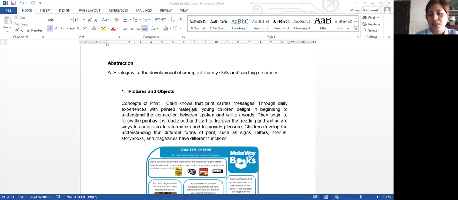We cannot just say that emergent learners are only the learners in the elementary. Just like how we define it, these are the beginners. Anyone who is new to a particular field is emergent because they are just beginning to learn something.